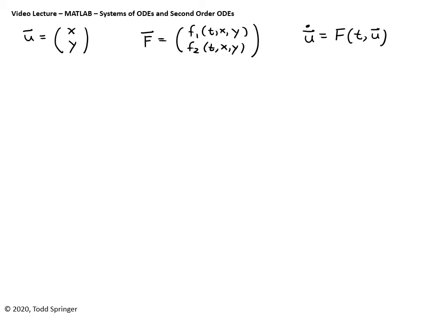Okay, so how do we use ODE45? I need to do the same steps as I did before, so I need to define the function f, but it's a vector now. So I'll start the same way as before. Say f is equal to a function of t and u. So this is the same as before. I'm defining it's a function.